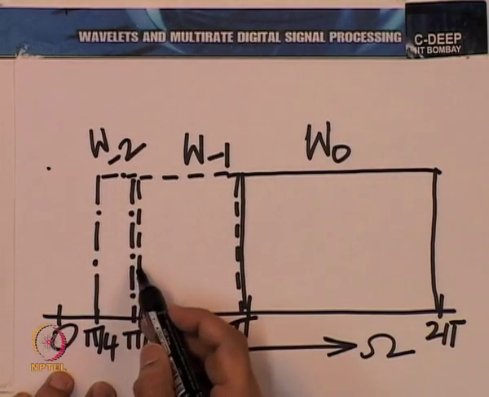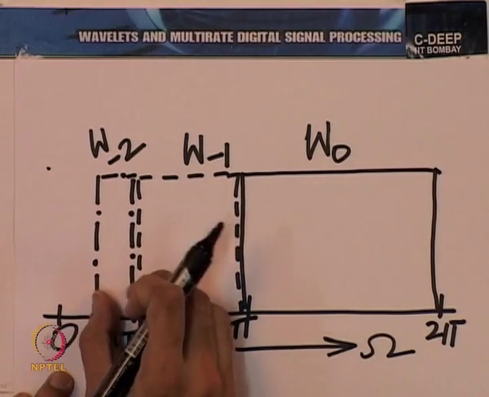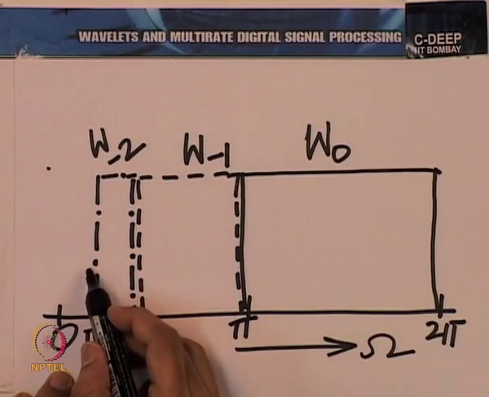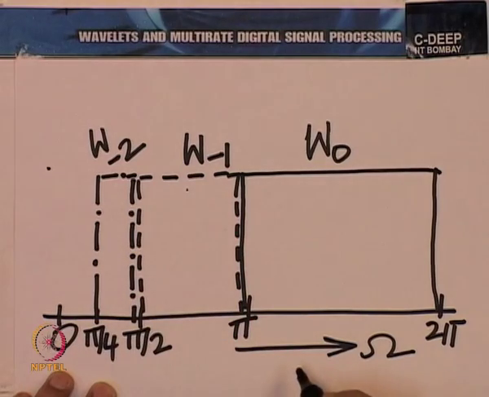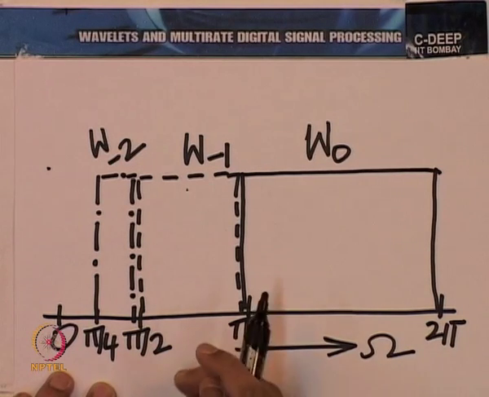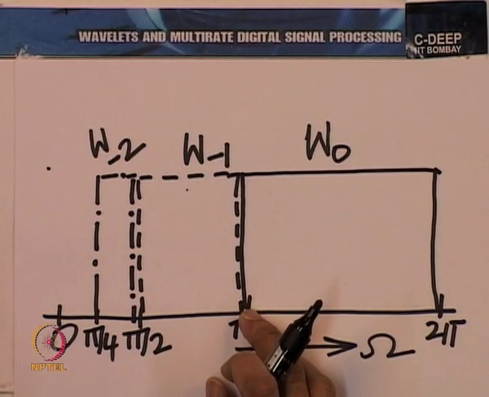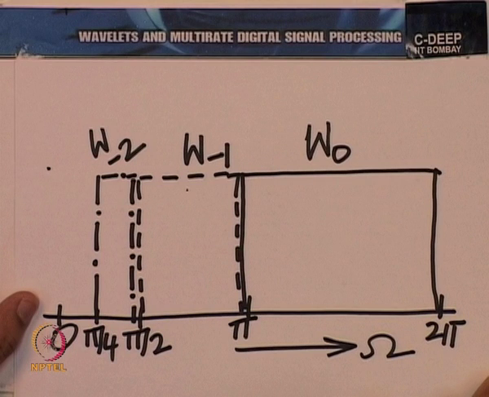Each time you go towards 0, you are contracting this band by a factor of 2, and therefore, both the center frequency and the bandwidth have been reduced by a factor of half. And of course, you can visualize going in this direction too. So, just for completeness, I think I should draw W 1 and W 2, though not on the same graph, it is difficult to do. So, we will draw it separately.